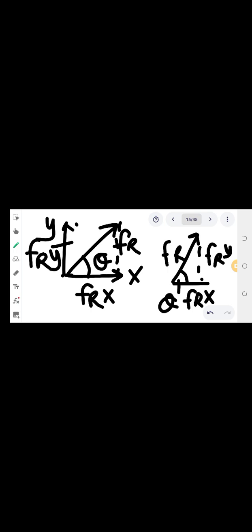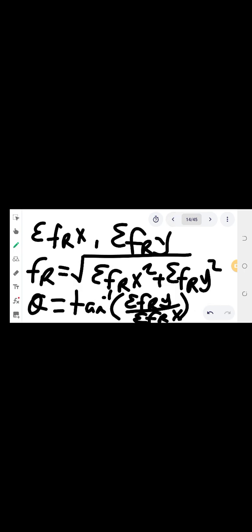So now, using the concepts that we already know, if we have a right angle triangle like this, to come up with the value of the component Fr, it is the same as doing the Pythagoras theorem, which we did here.